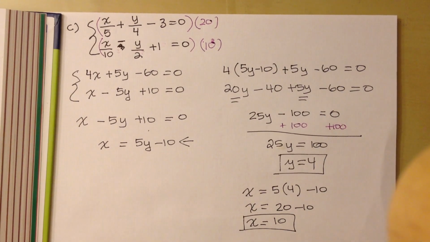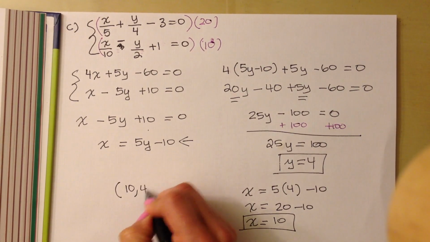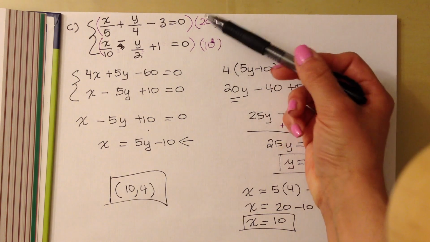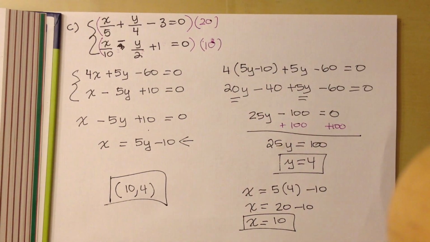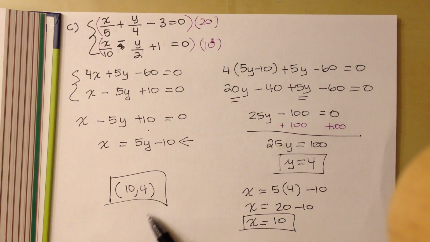So we have our solution. If you want to write your ordered pair, it would be 10, 4. So essentially the point that you get here, if you remember, is where the two lines, when graphed, intersect. If you were to graph the two lines here, they would intersect at 10, 4. And the same idea works for the previous two examples.